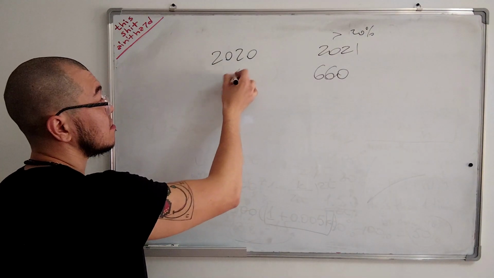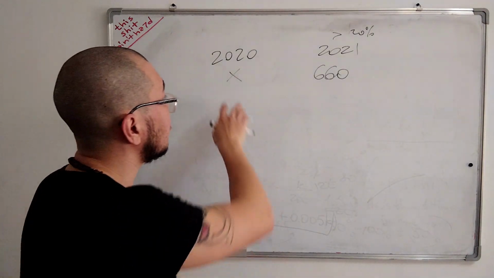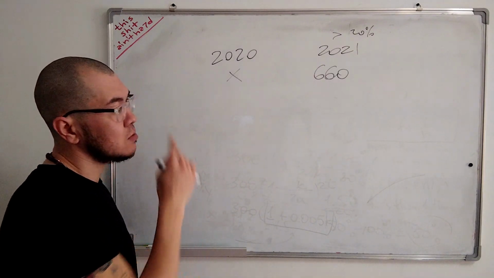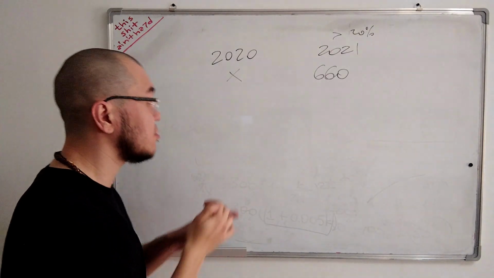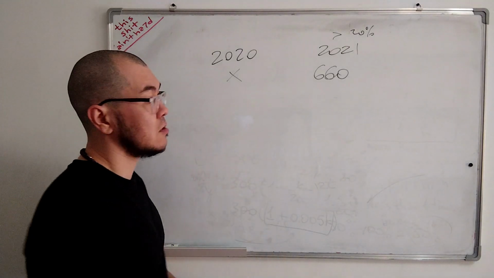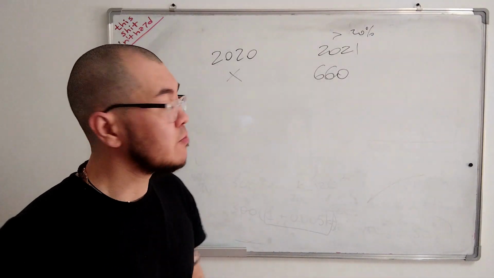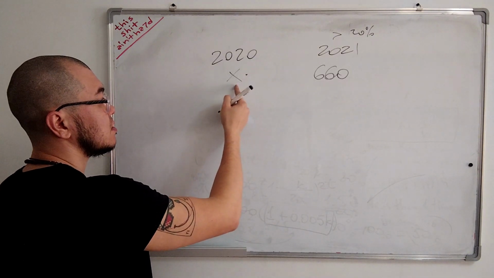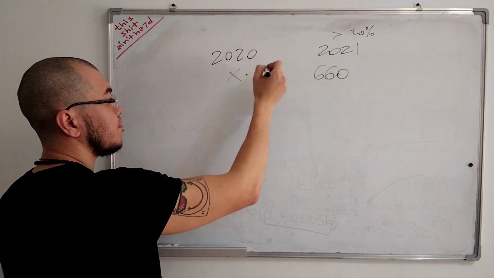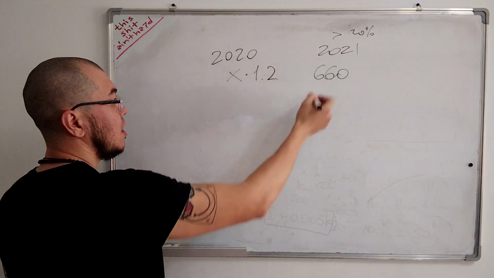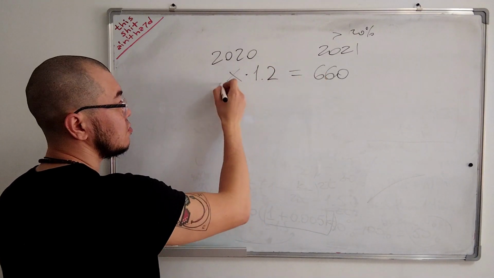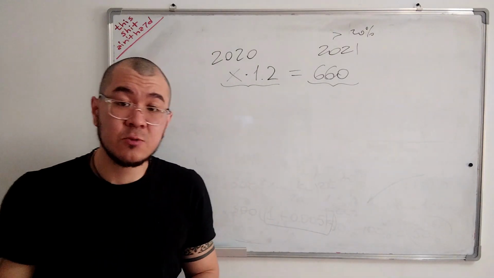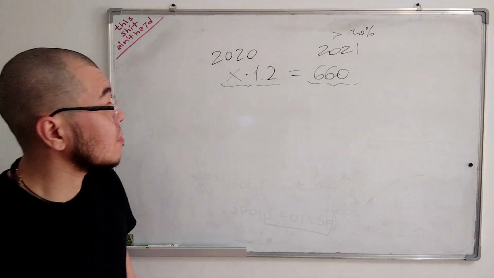Let's set the amount of roads paved in 2020 to be X. We have to multiply this amount by 1.2, and these two numbers after multiplication will be equal.